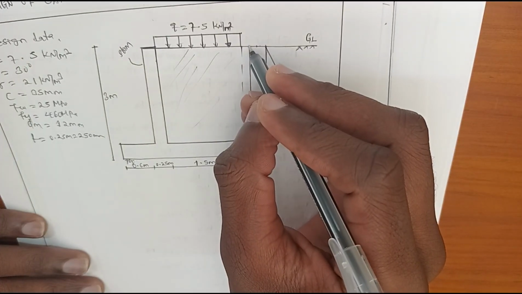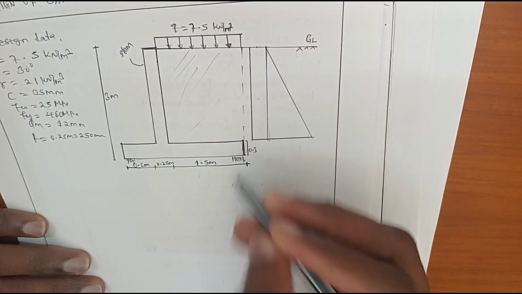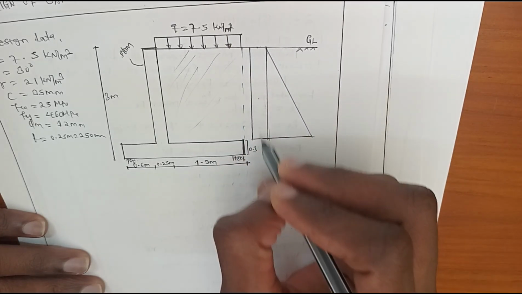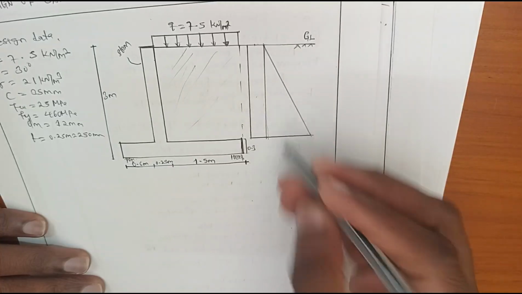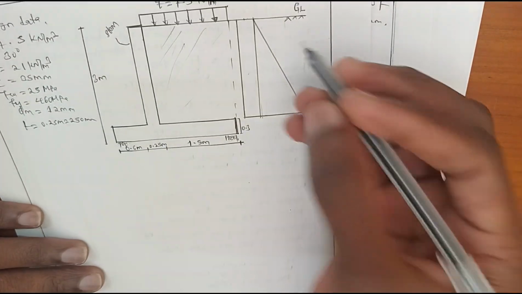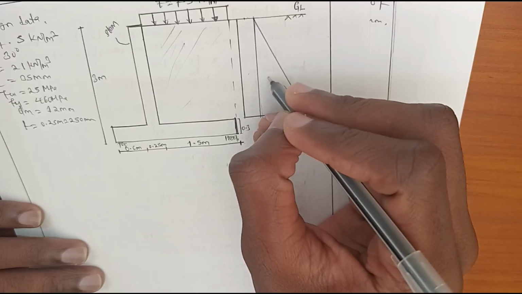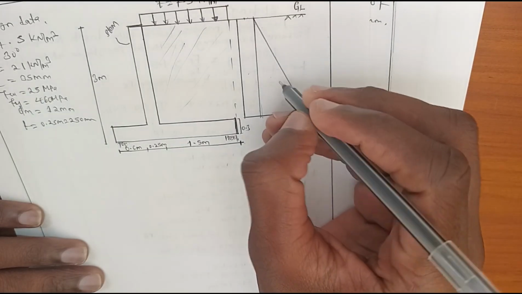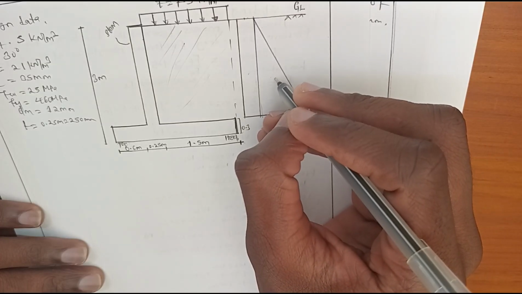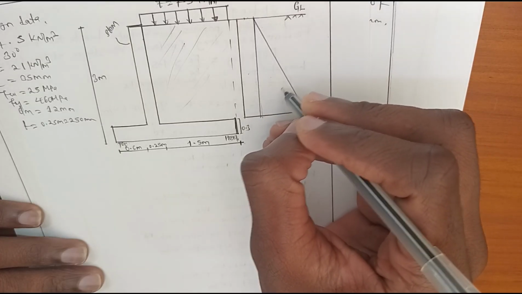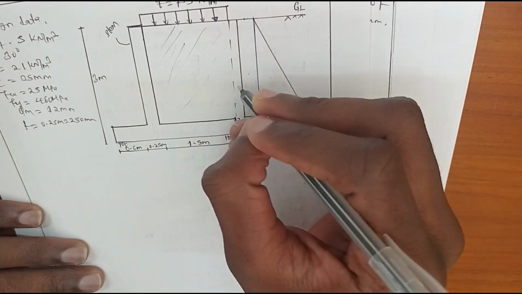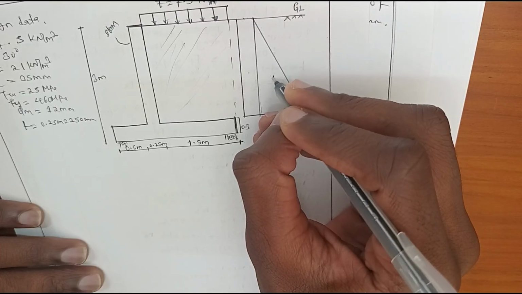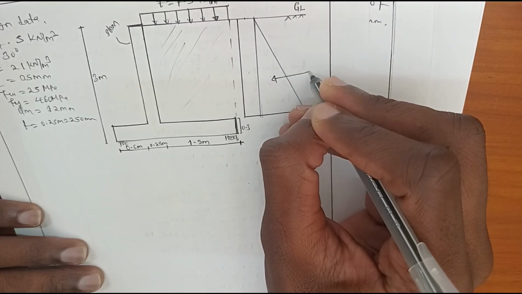And because surcharge provides a uniform pressure diagram, it will be this way, while due to the soil it is triangular. So this surcharge and soil pressure produce a horizontal force which acts to push the wall. Let's say this is the horizontal force due to the soil.